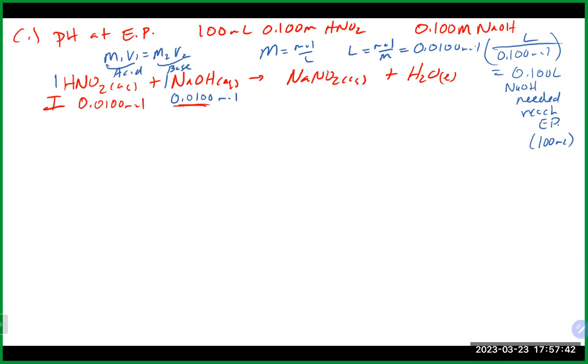Lastly, because it is a 1-to-1 relationship and because they both have the exact same concentration, you need the exact same amount to get there. So those are 3 different ways you could figure out how much volume to reach the equivalence point. Any questions on any of those ways? Again, you do need to figure that out so that when you turn it back into molarity, you will have the right total volume. So again, a few different ways you can think about it.